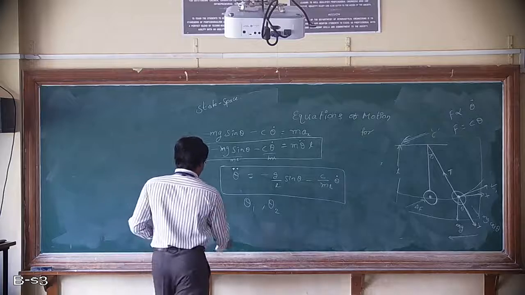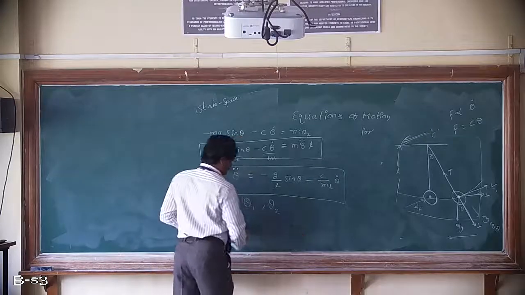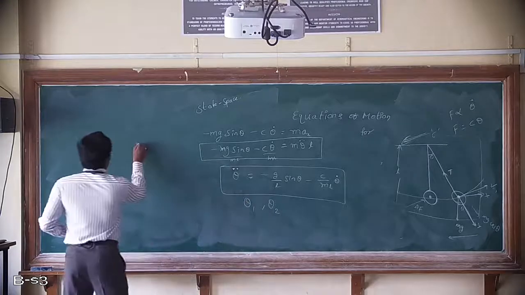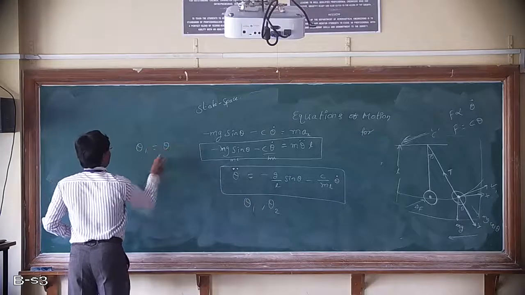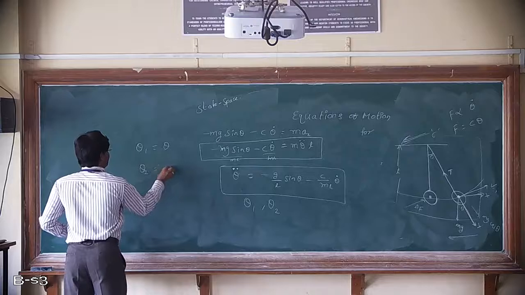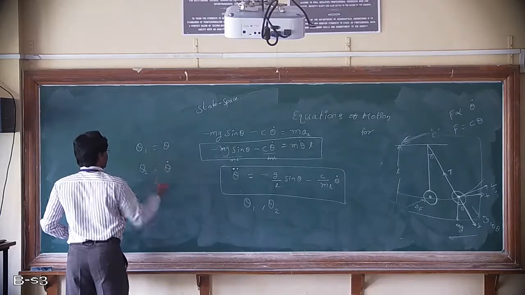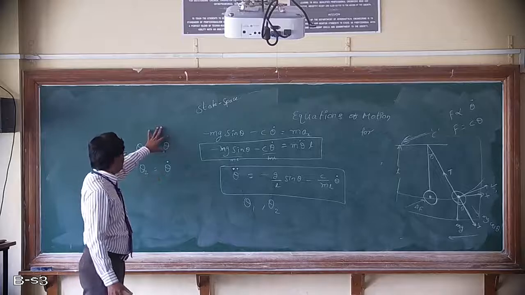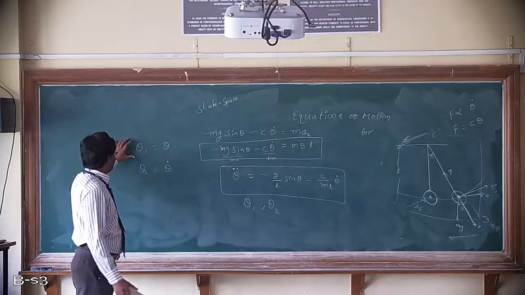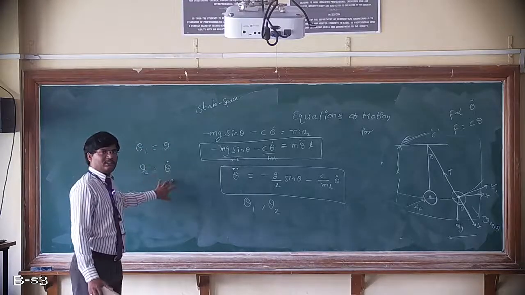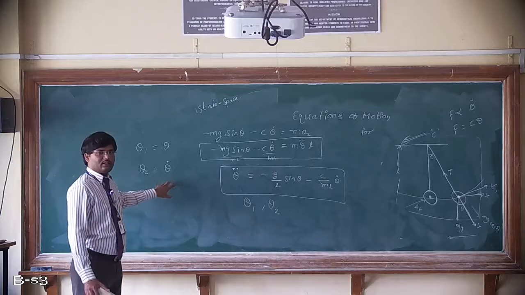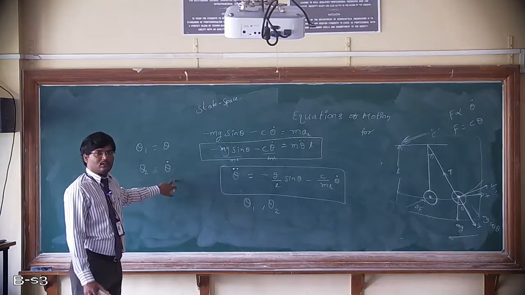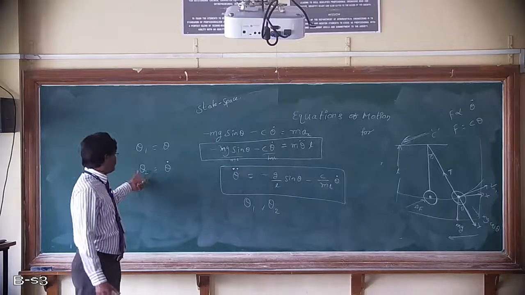I am using theta 1 as theta and theta 2 as theta dot. So theta 1 is nothing but theta, the position, and theta 2 is nothing but theta dot, the velocity.